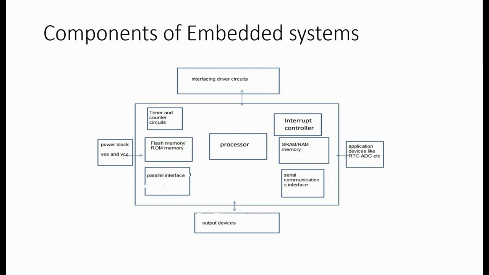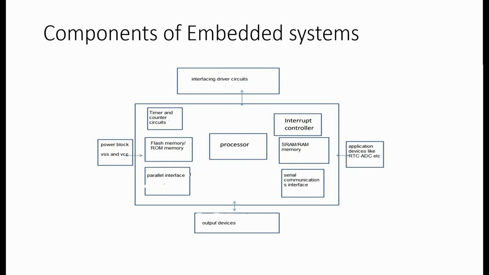Parallel interface allows data transfer of 8 bits or more at a time. It is used to connect devices like displays, printers, etc. Application devices, RTC, ADC, etc. are external modules connected to the microcontroller.